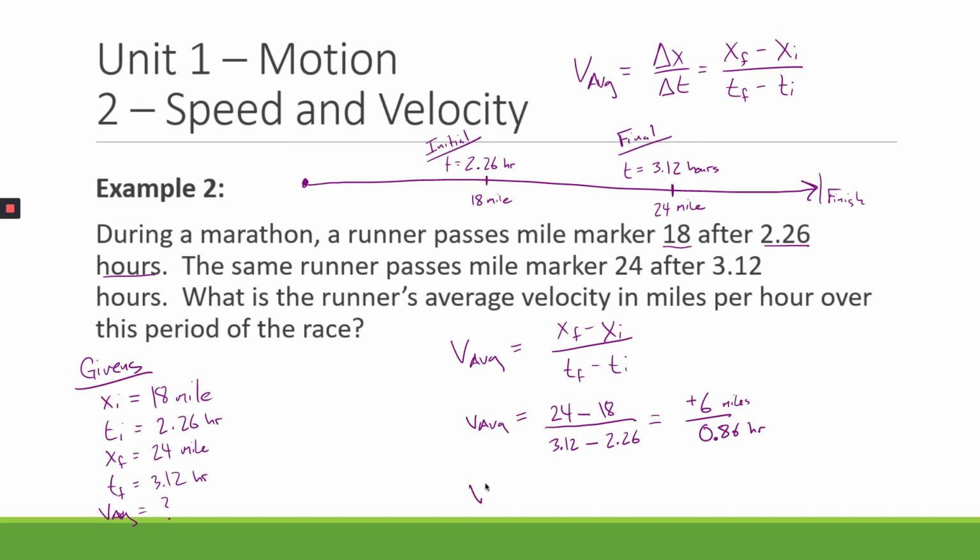Beautiful. So now we can see that our V average is 6 divided by 0.86, which is 7.0 miles per hour. And I'm going to call that the positive direction.